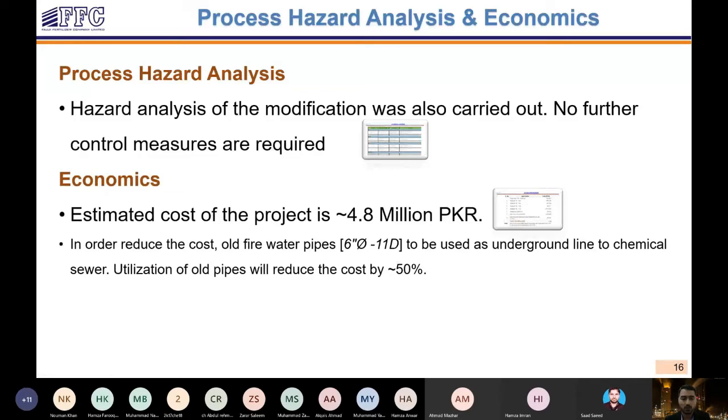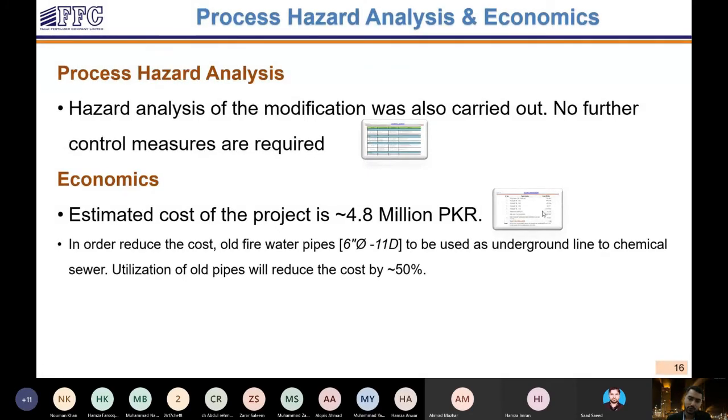Moreover, in order to reduce the cost, we already had a redundant oily water network line, which was also 6-inch diameter and was used as an underground line to the chemical sewer. Utilization of the old pipe reduced this cost by 50%.